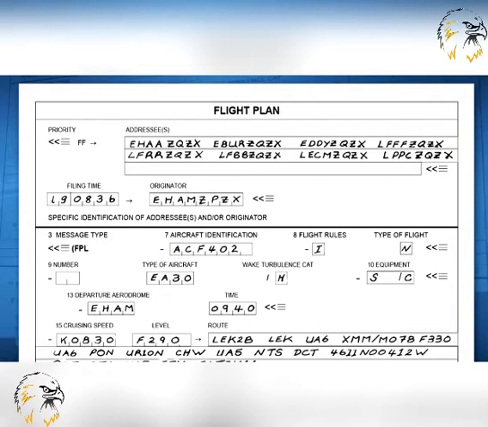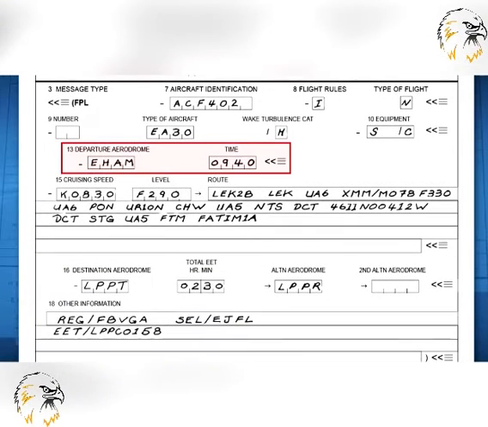A flight plan is to contain the following as considered relevant by the appropriate ATS: aircraft identification, flight rules and type of flight, number and type of aircraft and wake turbulence category, equipment, departure aerodrome and estimated off-blocks time, EOBT.